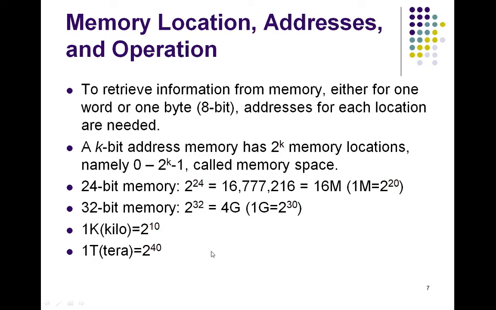So the number of memory locations depends upon how many bits the memory address has. If the memory address is of k bits, then the number of memory locations is 2 raised to k, and collectively it is known as the memory space.